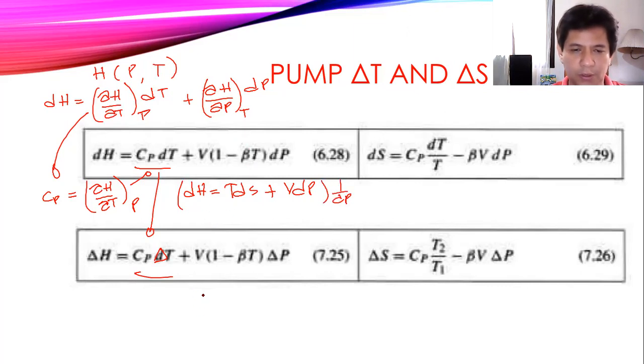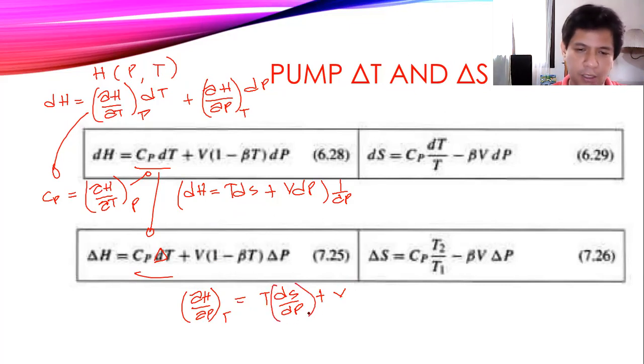So what we're going to get is the partial derivative of H with respect to P at constant temperature is equals to T dS/dP plus V. And then this is, I think this is at constant T, ano?